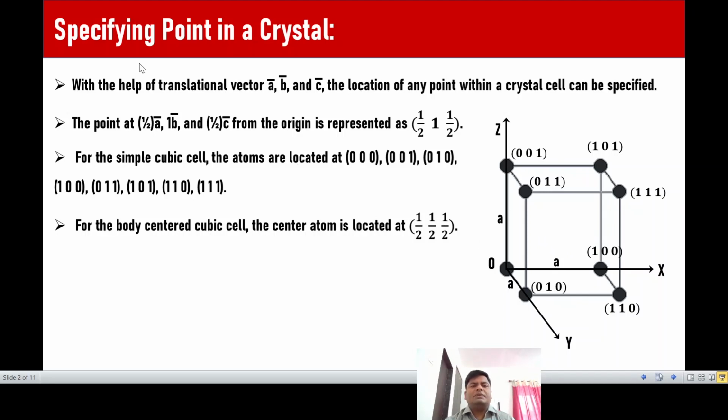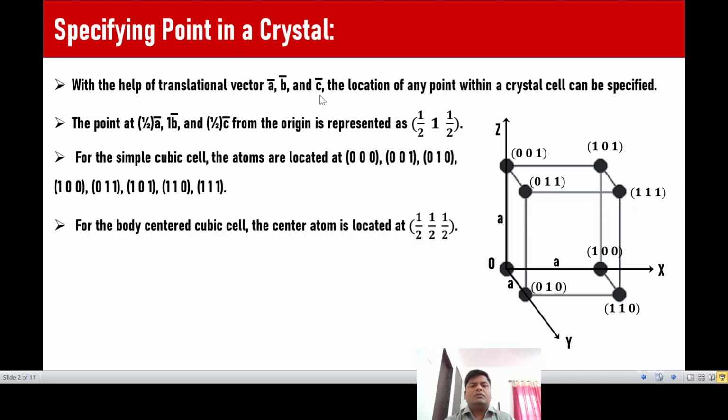Now in order to specify a point in a crystal, first of all we have to find the distances of that point along the x-axis, y-axis, and z-axis. So this is the first step, and the distances must be measured in terms of the translation vectors a bar, b bar and c bar.